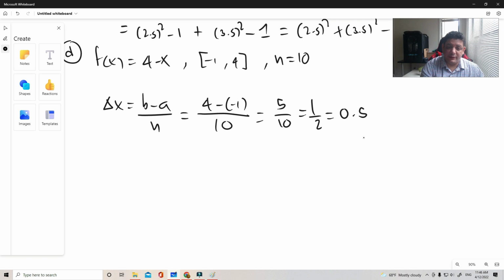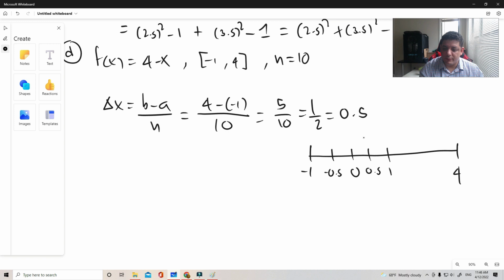So this is a much larger partition. And if we go from minus 1 up to 4, but we're going to go in 0.5s, then we're going to get minus 0.5, 0, 0.5, 1, 1.5, 2, 2.5, 3, and we'll run out of space here.